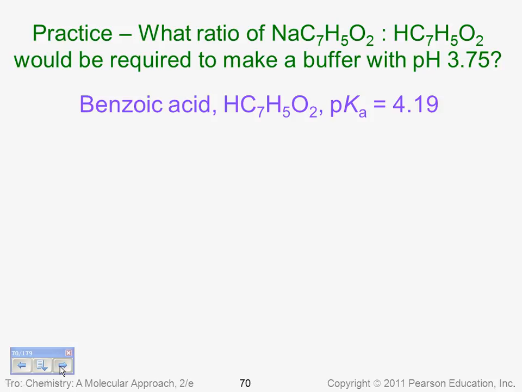This one I'll leave to you to do. What's the ratio of sodium benzoate to benzoic acid to get myself a buffer worth 3.75, knowing that the pKa of benzoic acid is 4.19. So again, it's the same kind of calculation. I think you guys can do that.